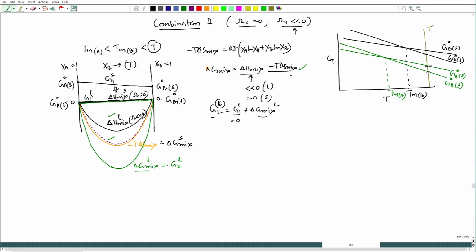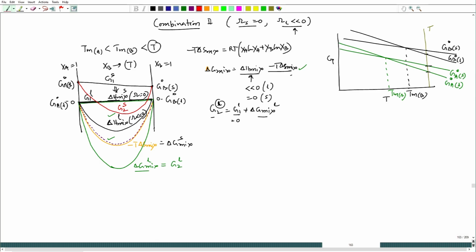Okay. So, that is G2 liquid, but G2 solid will change, because G1 has lifted upward. Why? Because of these typical positions of the pure metal free energies. So, G2 solid would be, I will do it with a different color. Let me take red color. Fine. So, this will be G2 solid. Okay. Now, you see how the relative shapes are taking up.